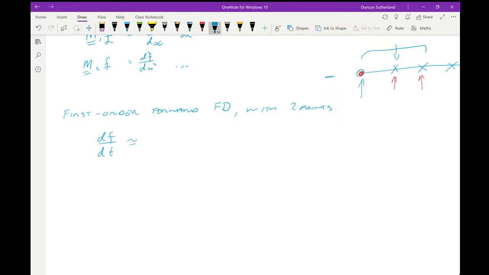That means we're going to approximate this operator here, this derivative, by a0 f of x0 plus a1 f of x1. We'll label this point x0, and we'll label this point x1. That's the approximation we wish to use.